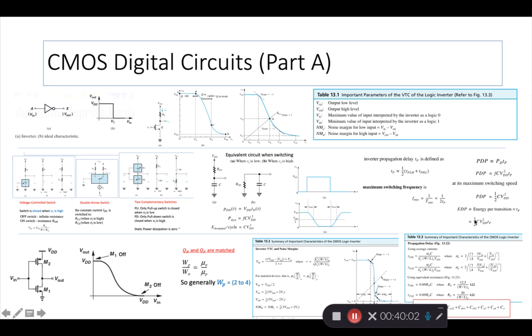And then we also define an EDP, which is just this value PDP times the propagation delay, right? Okay, so that was everything in the middle. Spend some time, become familiar with all these ideas, in particular power consumption, propagation delays, etc.